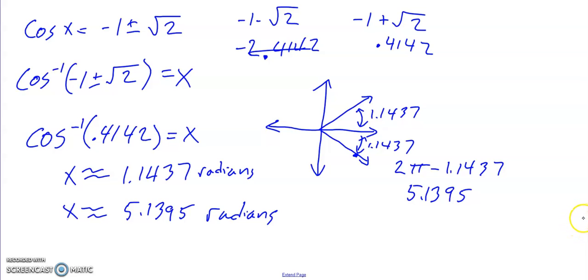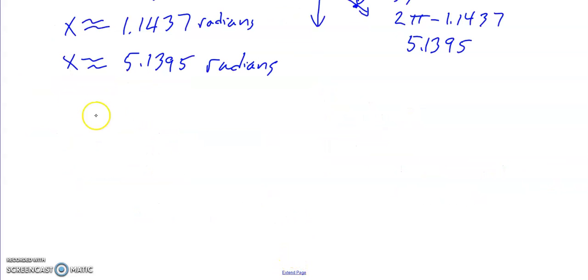All right, my instructions though were to find all of the solutions. So my first solution is going to be at 1.1437 radians, and again this will happen every full rotation of my unit circle.